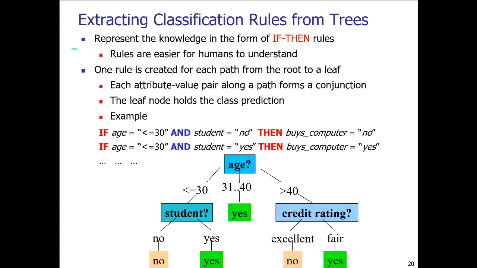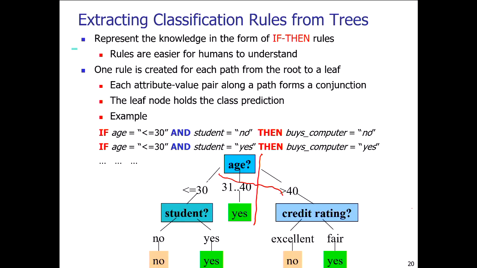What a decision tree gives us is that it represents the knowledge as very simple if-then rules. Such rules are easier for human beings to understand. And one rule corresponds to a path from the root to a leaf. For example, this path tells us that if the age is between 31 and 40, then buys computer equals yes.